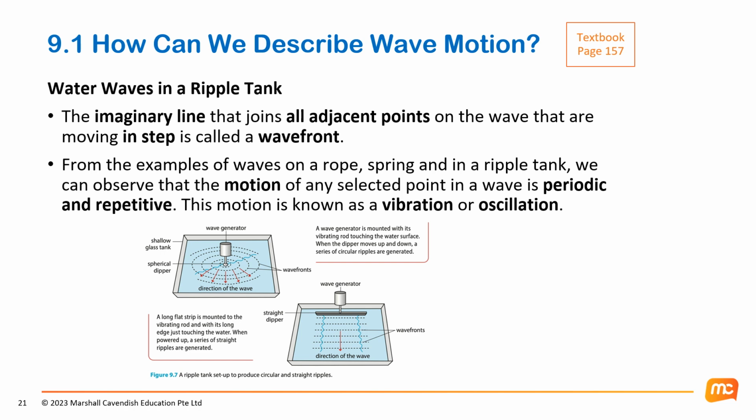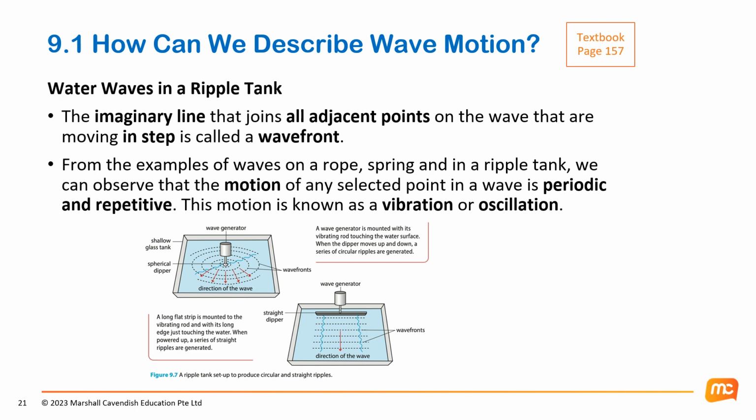These imaginary lines actually join all the adjacent points on the wave that are moving in step. Meaning that, for example, if you go back to the video of the Kallang Wave at the National Stadium, if we draw an imaginary line that connects all the people who were standing up at the same time, that would be that same line. We call that a wave front.